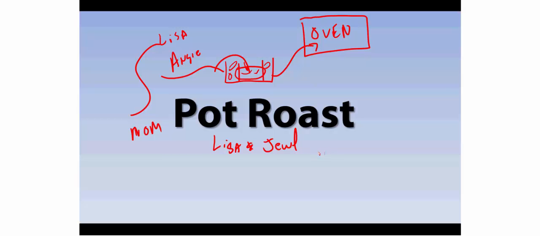So both of them go over to Great Grandma's house, right? And they end up asking her, "What is the recipe for pot roast?" "Oh, well, you salt, pepper, garlic, some celery, some carrots, and then you add this and you add that. And then I would cut the ends off, put it in the pan, put the pan in the oven." And they're like, "That's the part we don't understand. Why are we cutting the ends off the pot roast?"